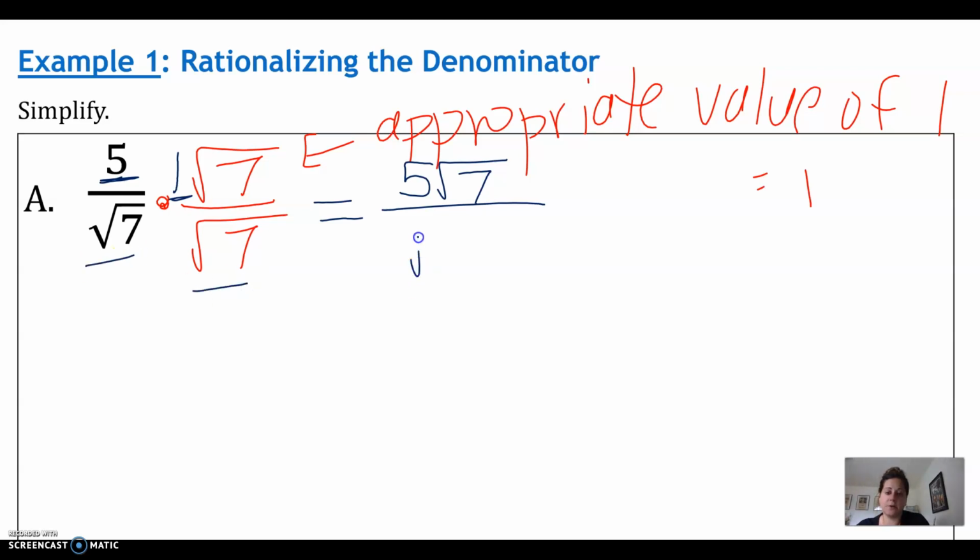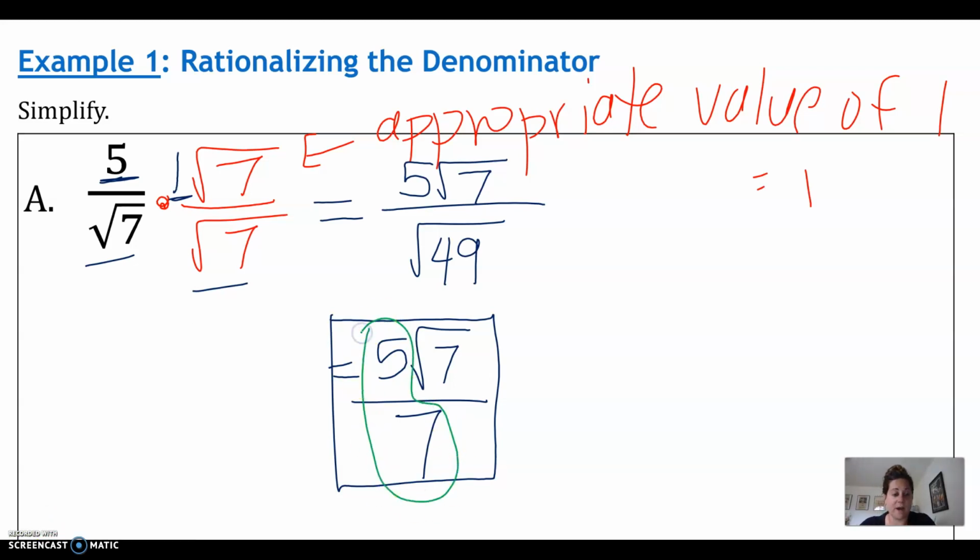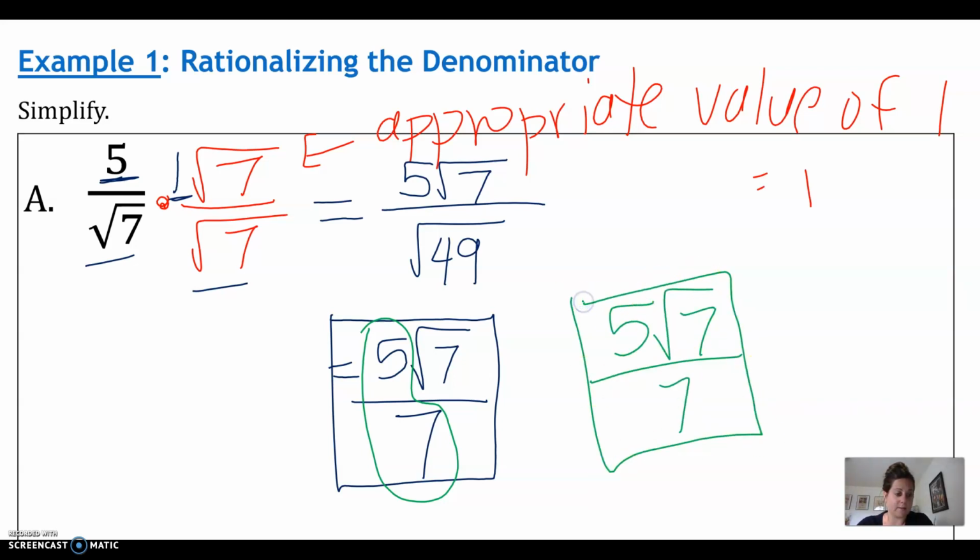This and this, you're going to get the radical of 49, which you should know is just 7. So this is my simplified fraction. Now the one thing you need to be sure of is to look at these outside numbers. You have 5 over 7. If you can reduce your outside numbers, you would. But in this case, we can't. So this is still my answer.